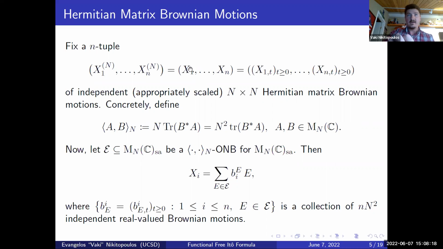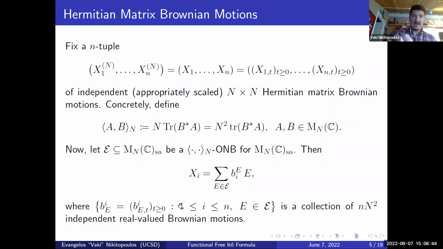Then X_i, the Brownian motion up here, is going to be expressed in terms of the orthonormal basis as the sum of B_i^E times the element E of the orthonormal basis. Here, this collection B_i^E is a collection of independent real valued Brownian motions. So that's an easier way to state what it means to have an n tuple of matrix valued Brownian motions.